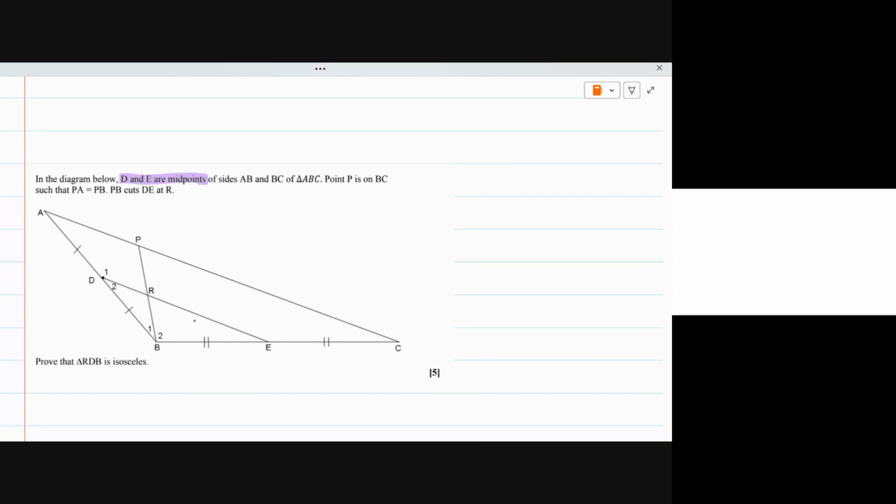And then they've actually told us here that AD is equal to DB. They've done it for us. And they've told us that BE is equal to EC. Lovely. Because of these lines here, that tells us exactly what we need to know. What other conclusion can we make, guys?